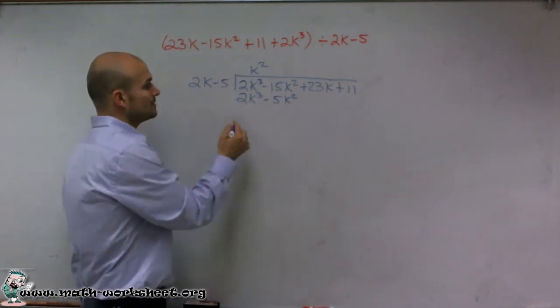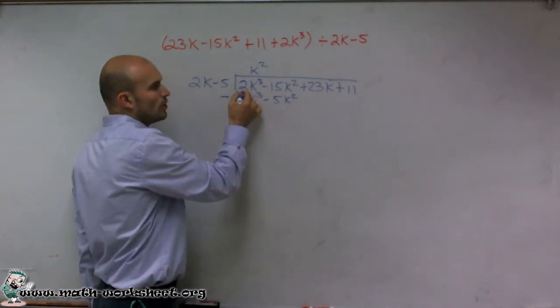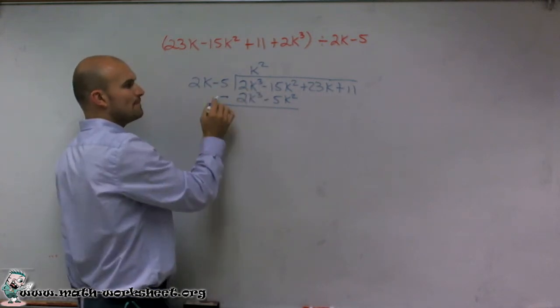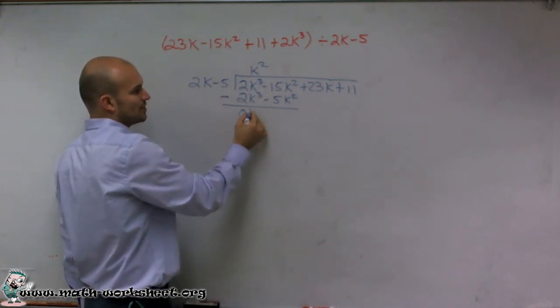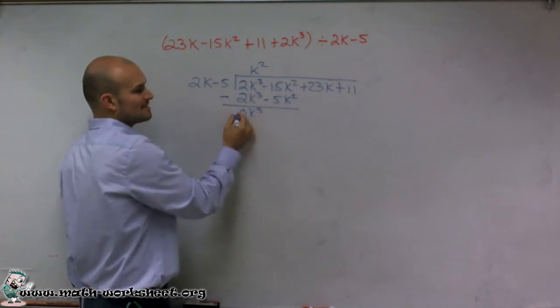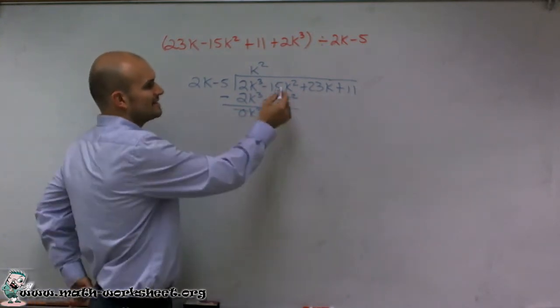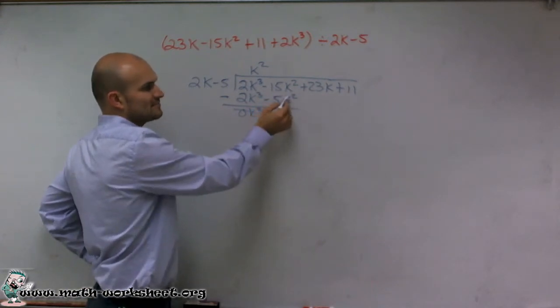Now the next thing we want to do is subtract this whole row from the top row. So when we do that, I have 2k cubed minus 2k cubed, which is 0k cubed. Well, 0 times anything cancels out, right? Then, it's very important for you to understand this. It's not negative 15k squared minus 5k squared.